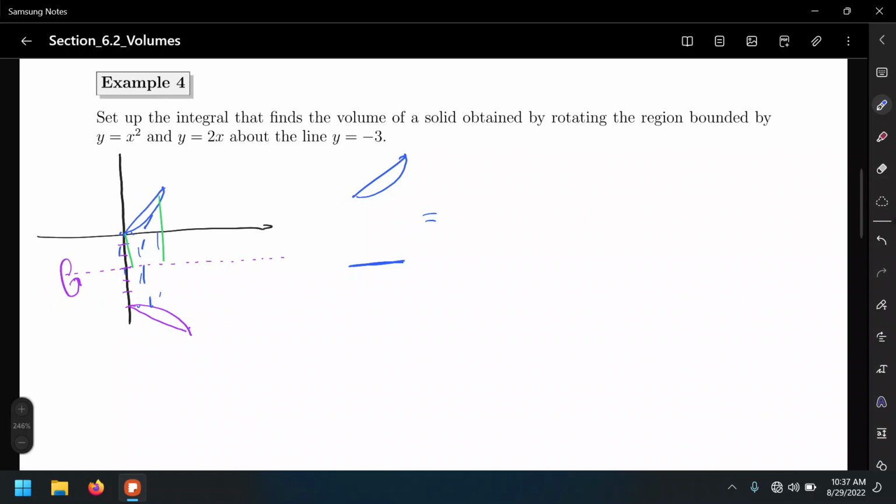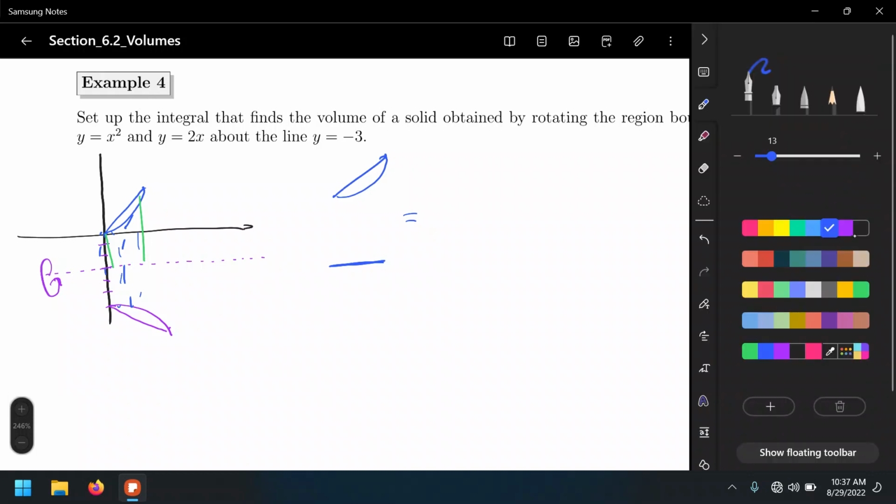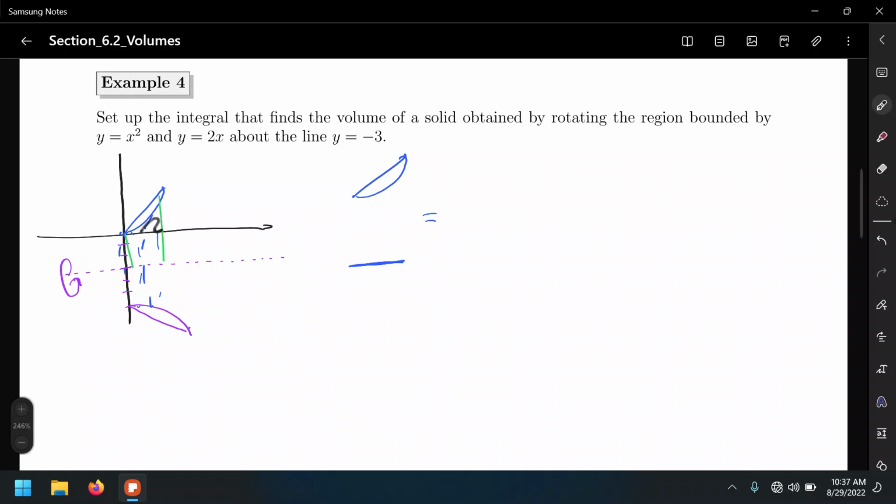You can think of also a radius. Actually, if you think of it in terms of radius, yes, I think the representative rectangle will help us. So from the rotation to the outermost, that's going to be our radii.